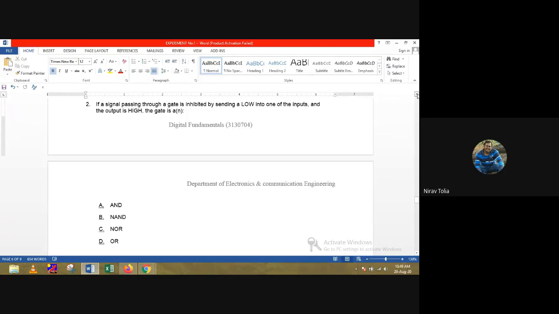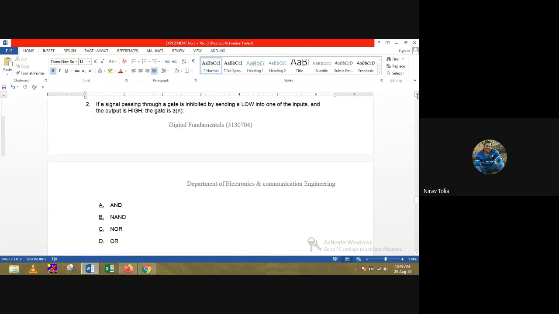So Kev gives the answer, Parthiv gives the answer. So it is an OR gate. If any one input of my gate is low and another is high, then my output will be 1. What about others?